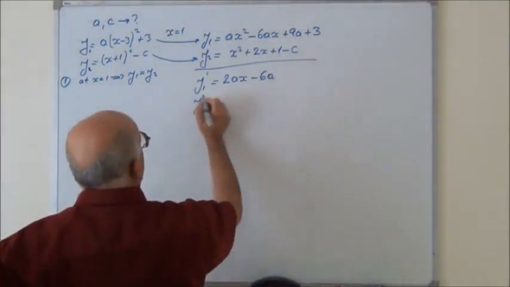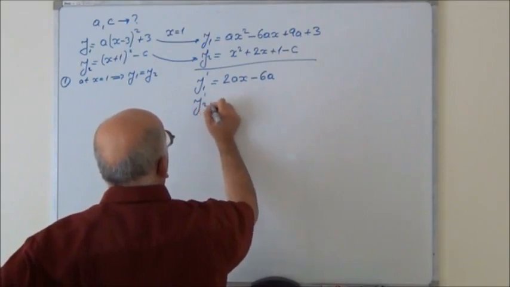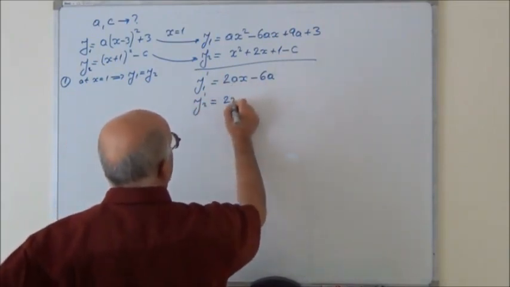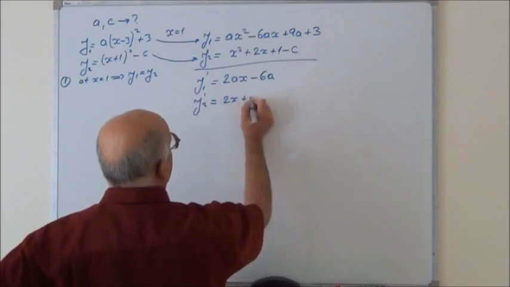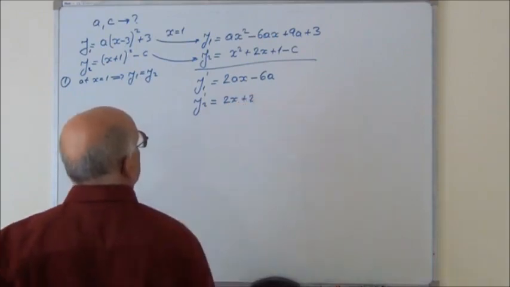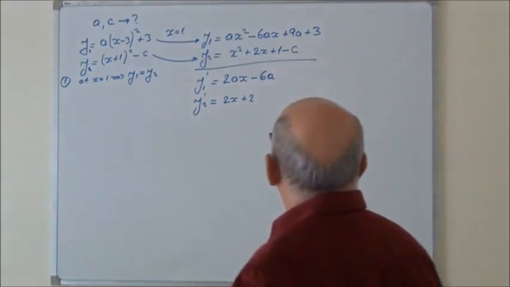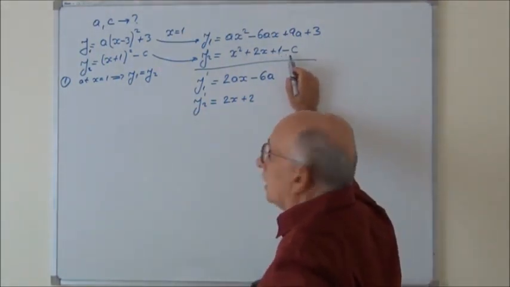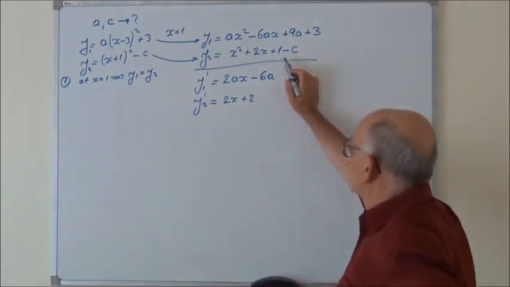The other derivative is 2x plus 2, and of course 1 minus c, again the derivative is 0.